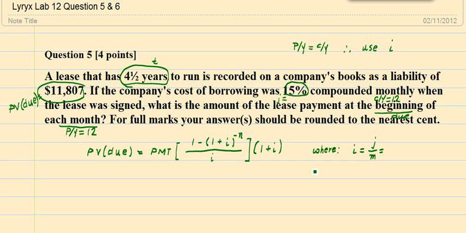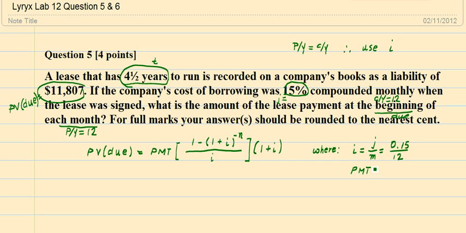So we copy down the formula for present value due for annuity due simple, because PLY is equal to CLY, so using I in here, I is going to be equal to 0.15 divided by number of compounding periods per year, which is 12. Payment is unknown, we have to solve for payment.